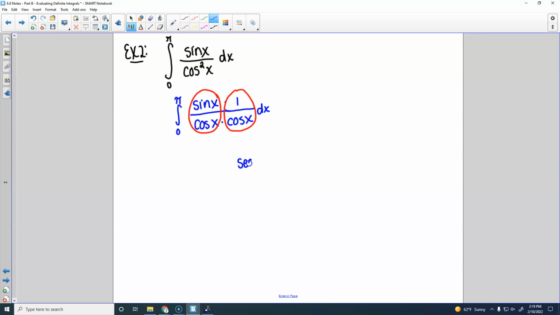Not squared, just secant x. And sine x over cosine x is tangent x.